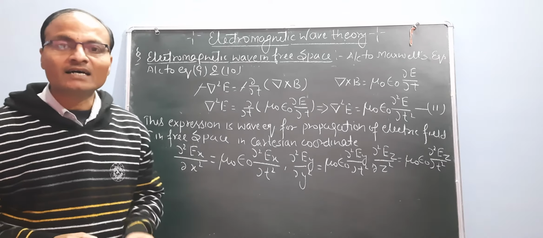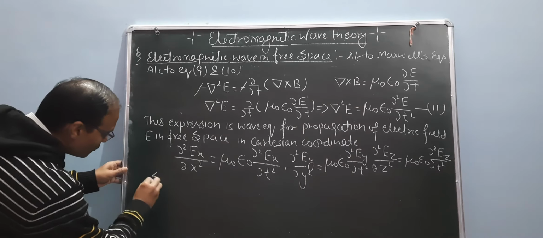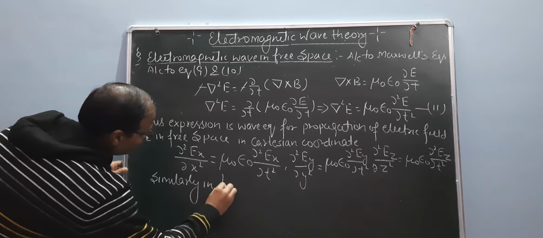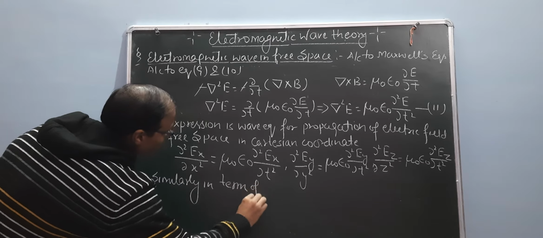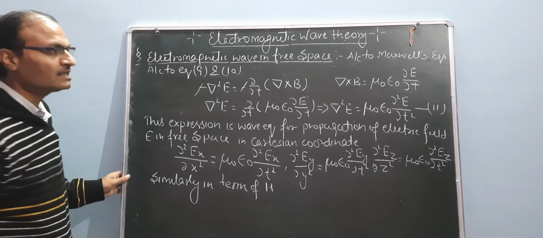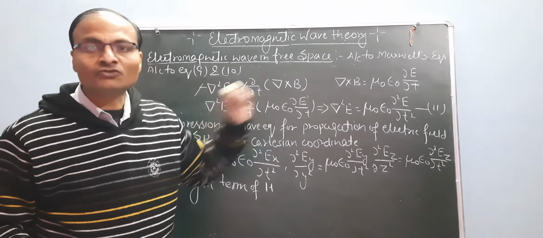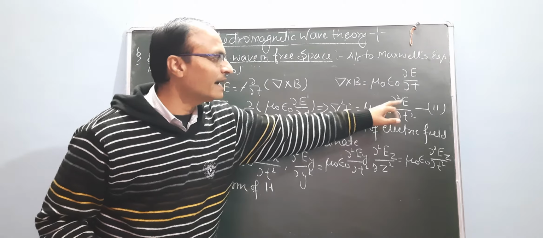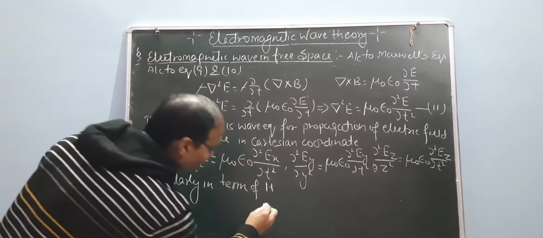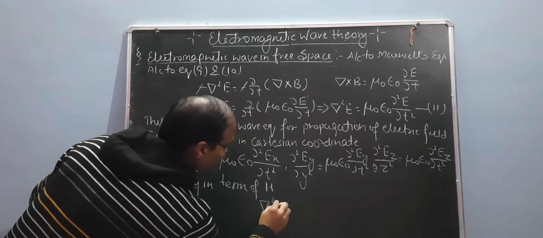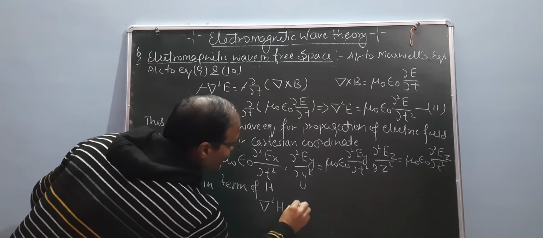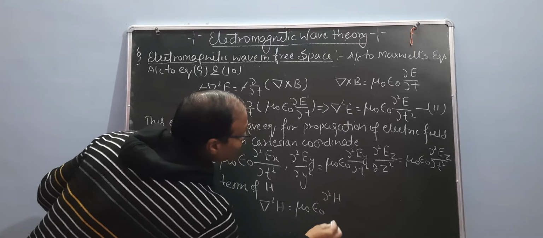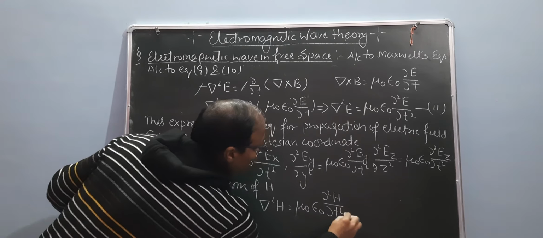Similarly, in terms of H, the equation is del square H equal to mu naught epsilon naught del square H upon del T square.